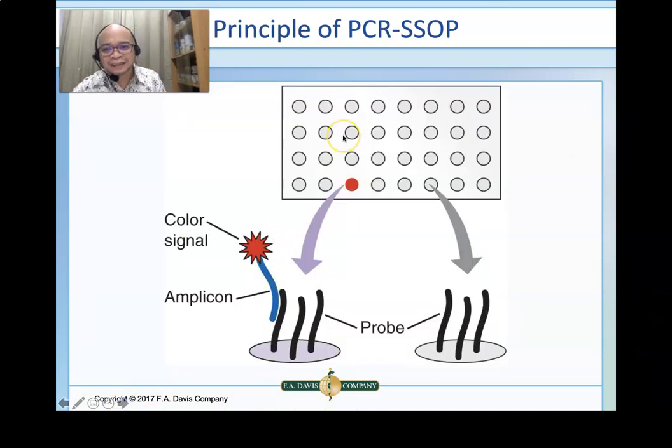So here's another one. This is the SSOP, or the sequence-specific oligonucleotide probe.